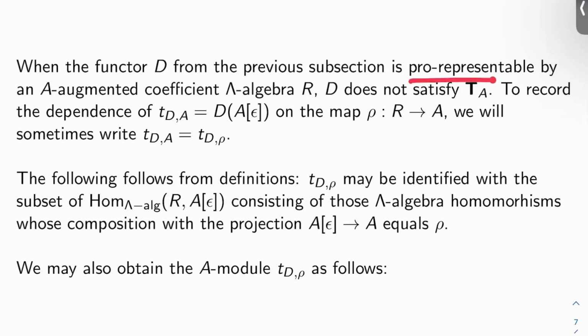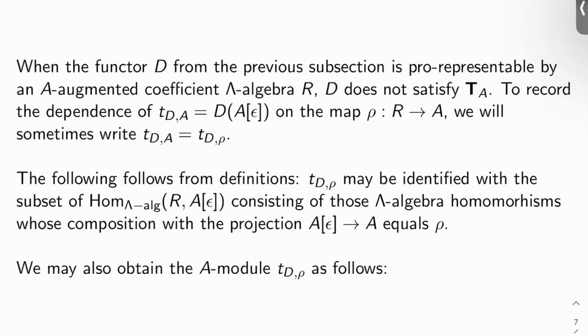Suppose that functor is pro-representable by an A-augmented coefficient lambda algebra R. Then D does not satisfy the tangent A-module hypothesis from the last video, and so you have the dependence of the tangent space of D on the representation map from R to A.